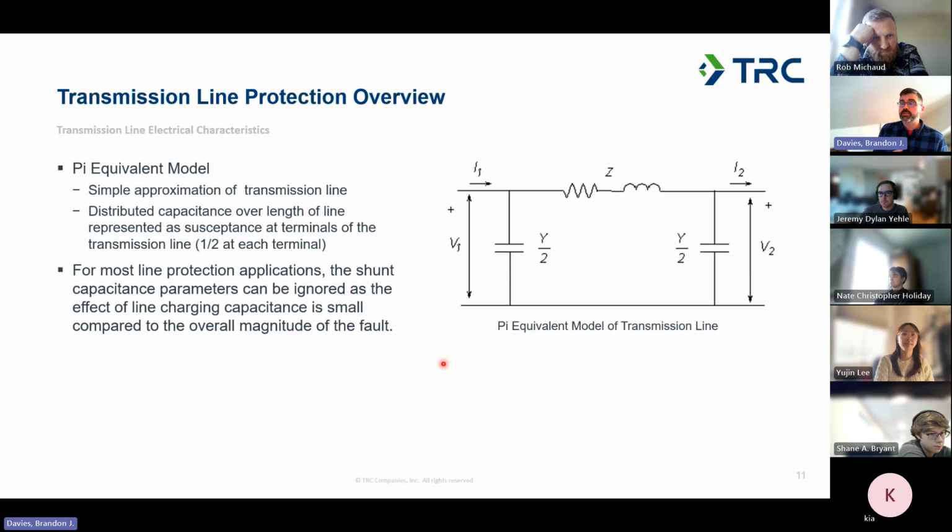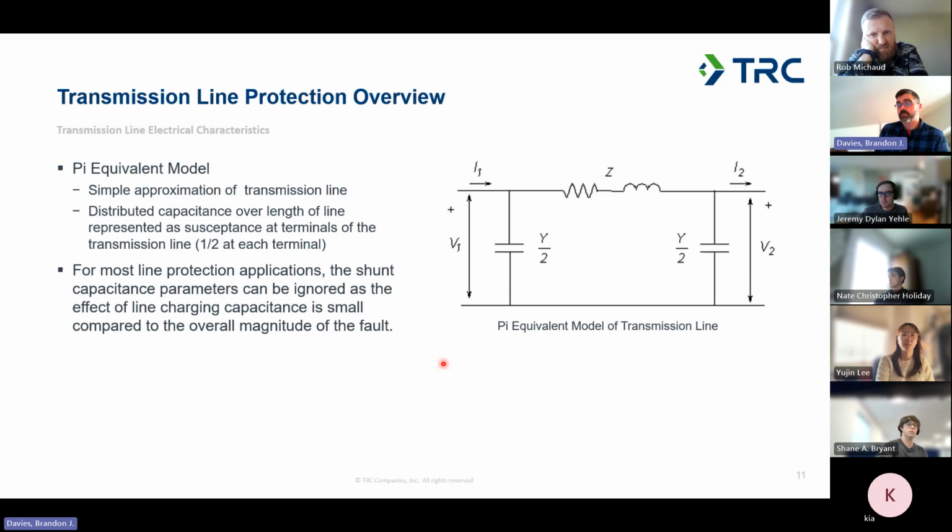So this is the basic model that we would use in any of our modeling, and in one of the earlier classes going over Aspen One-Liner as a fault simulating program, this is exactly how Aspen models transmission lines.